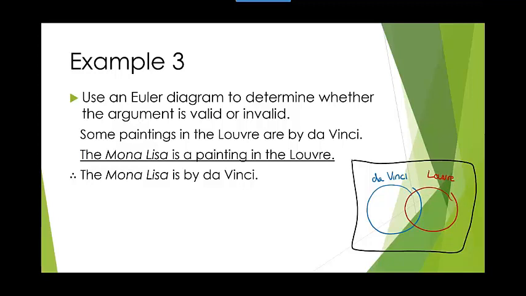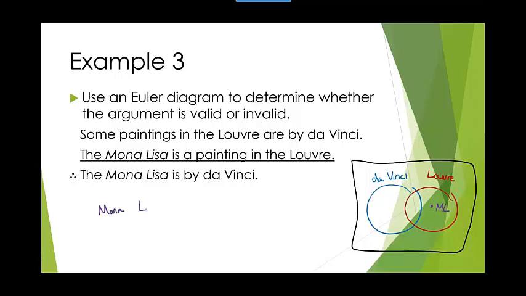And we're told that the Mona Lisa is a painting in the Louvre, where again, we have this ambiguity, so I could either put the Mona Lisa in the right part of the red circle or the left part of the red circle. So to illustrate that the Mona Lisa doesn't have to be by Da Vinci, I can put my dot here. There's the Mona Lisa.